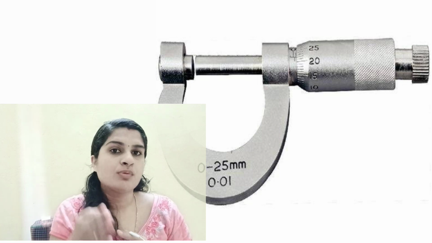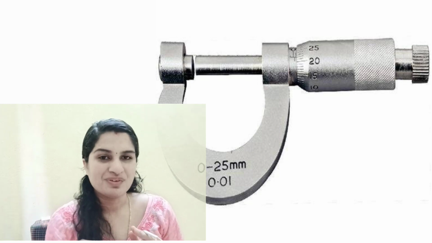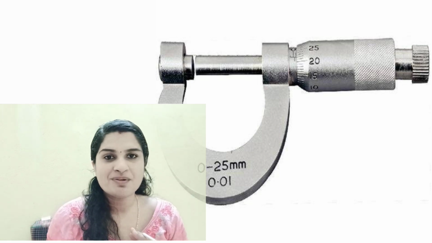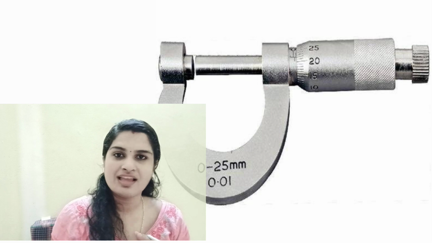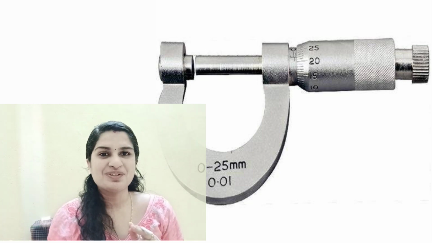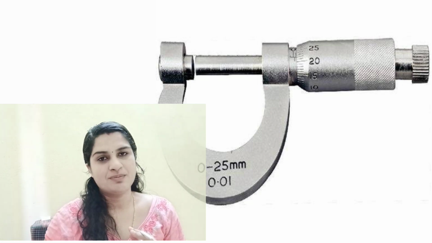Couldn't it be 14.441 or 14.442 or 14.443? So there could be a third decimal place which is not able to be found out using vernier calipers, right? So again the scientists thought and they found out a new device called screw gauge. Screw gauge can measure up to 3 decimal places.